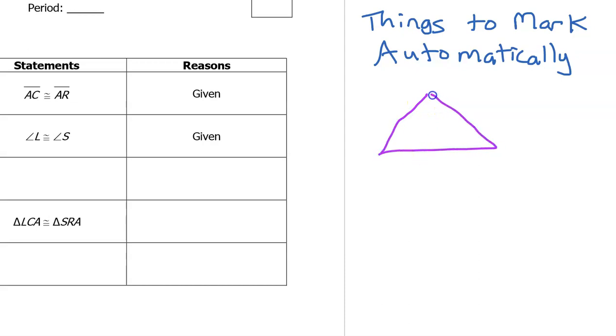For example, if I have two triangles like this, the shared side will automatically be congruent for both triangles. And the other thing is vertical angles. So vertical angles are angles that are formed by intersecting lines like an X. So vertical angles are always congruent. So if you see vertical angles, you can mark those as well. So a shared side, vertical angles, mark those automatically.